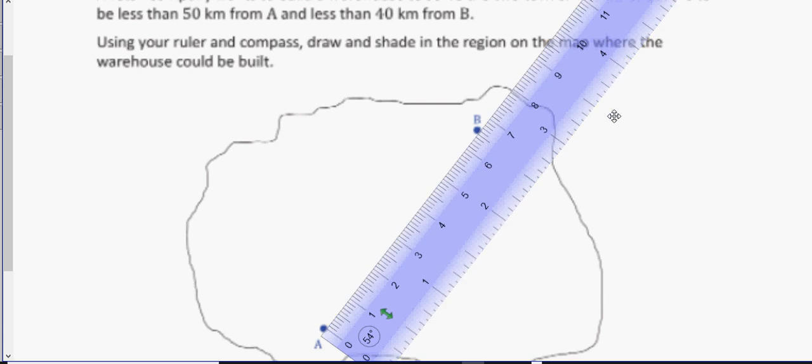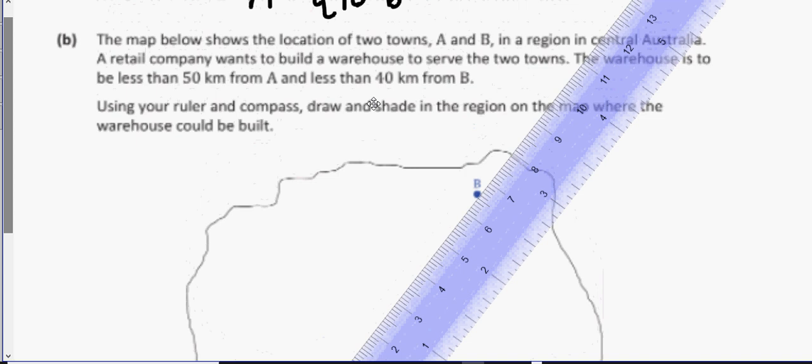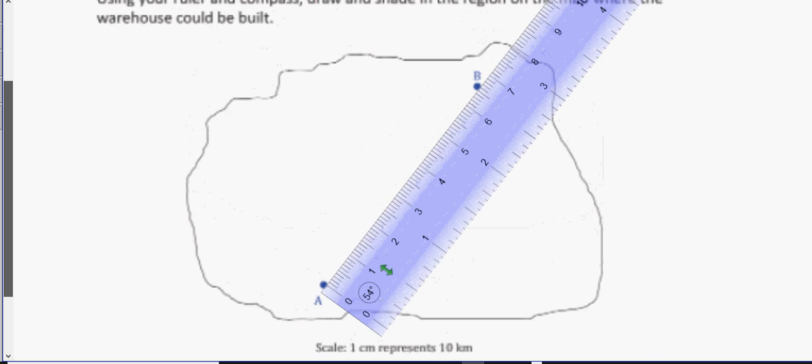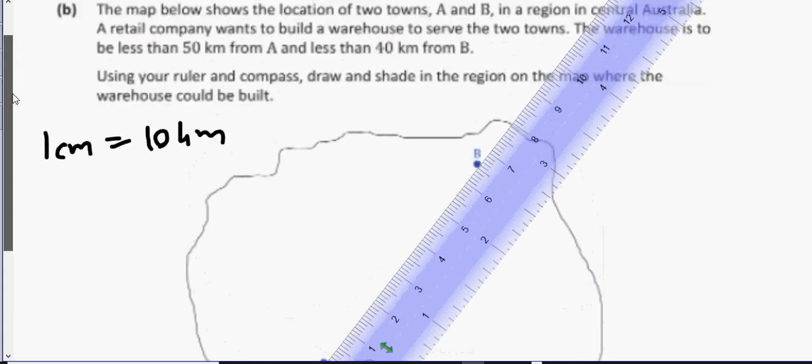I'm roughly at 6.5 now as well. Now, here's the deal. It's that 50 and 40. 1 centimetre represents 10 kilometres. What do you think is going to represent 40 kilometres?